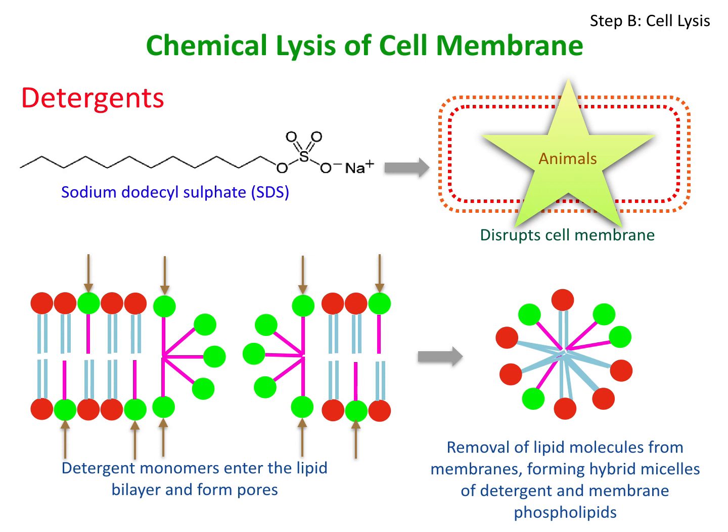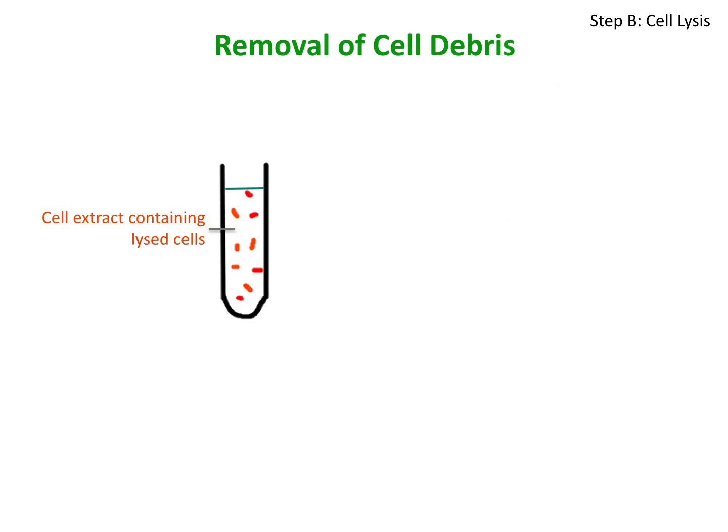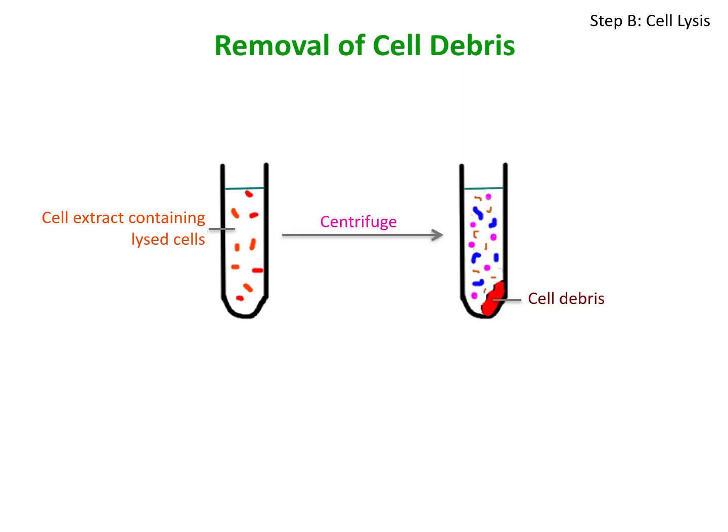After lysis, we need to eliminate the insoluble cellular components like fragments of the disrupted cell wall. Hence, the lysed cell extract is centrifuged, following which the unwanted cell debris comes down in the tube, forming the pellet, and we get a clear solution in the supernatant which contains the lysed cell's DNA.